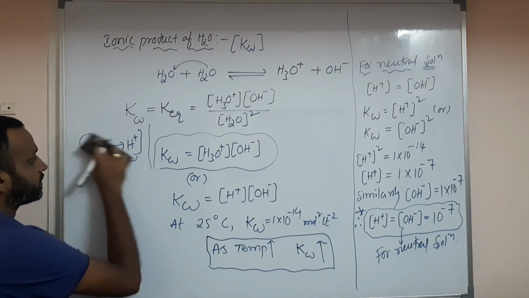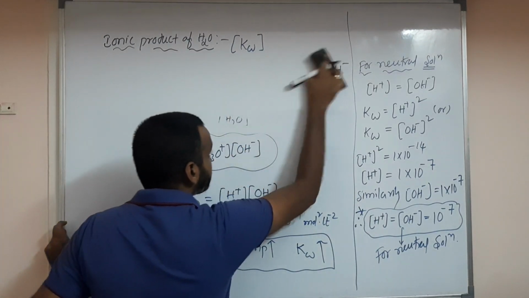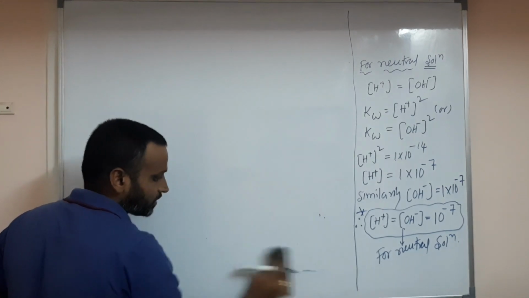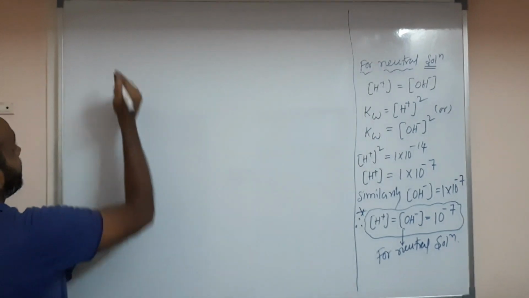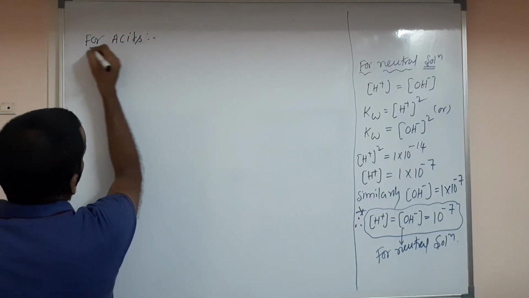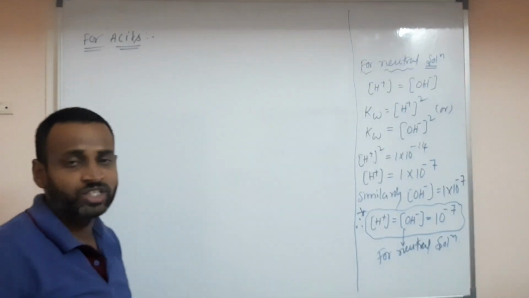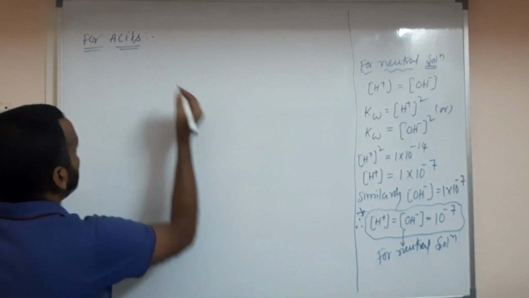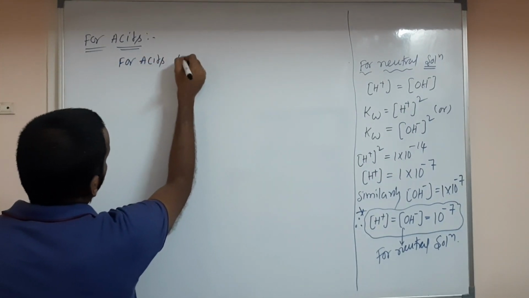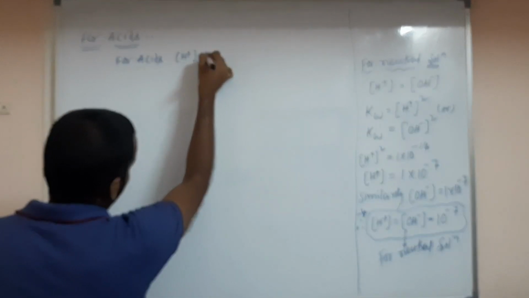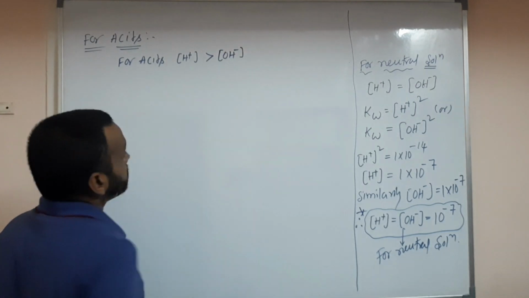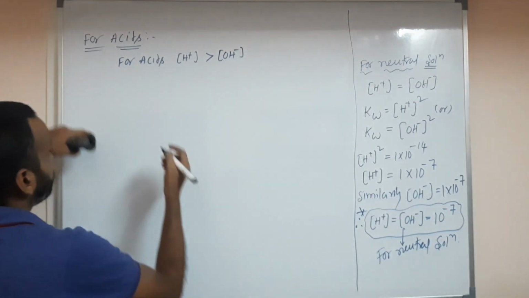Have a look and write this down. Okay, very, very important. Next, the most important thing is how we write for acidic solutions and basic solutions. So now for acids, what do you have? Acids means H plus concentration is more. Everybody knows. So for acids, concentration of H plus is greater than concentration of OH minus.